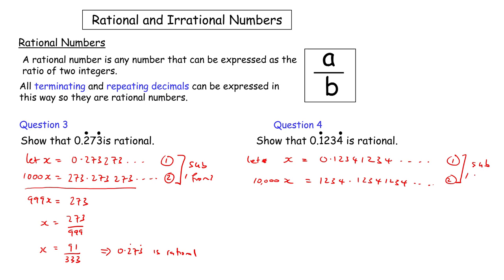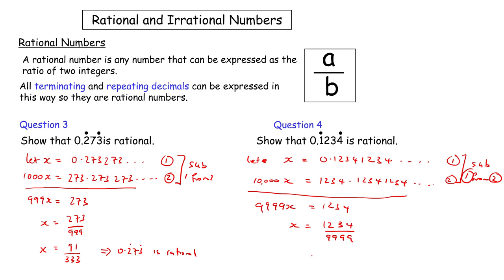Subtract 1 from 2, draw a line. That gives me 9,999x, which is equal to that, take away that, 1, 2, 3, 4. So x is equal to 1, 2, 3, 4 divided by 9999.